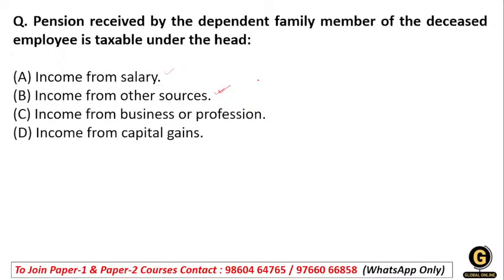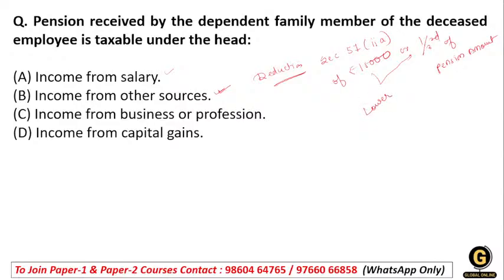In this case, the deduction available to them on family pension is given in Section 57(iia). Here they will get rupees 15,000 or one-third of the pension amount, whichever is lower.